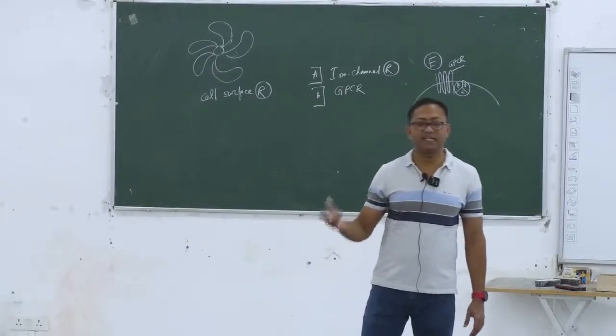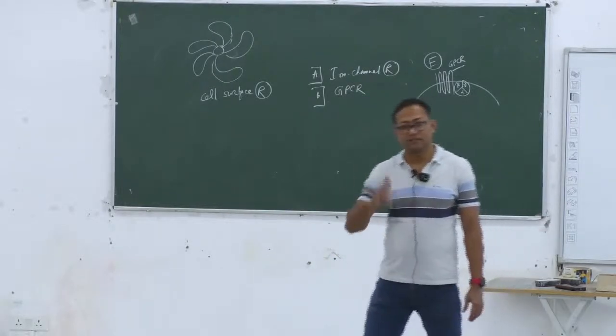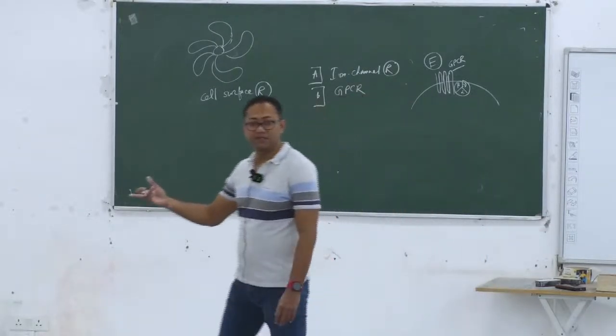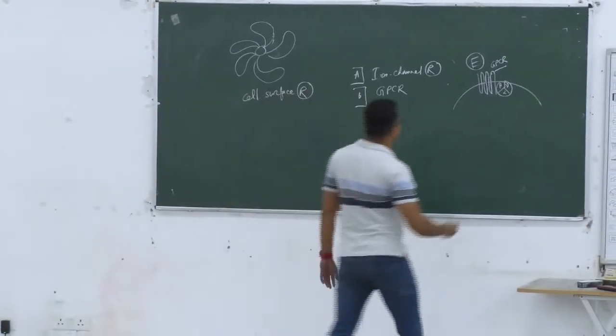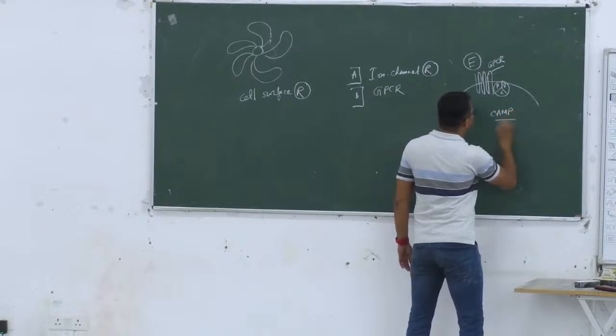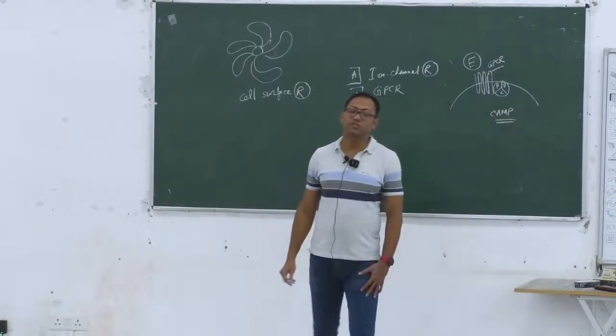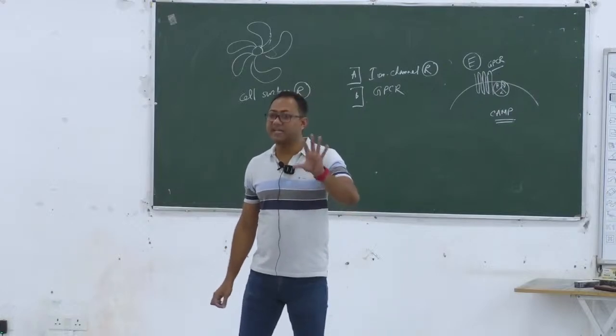Adenylyl cyclase. Then adenylyl cyclase will convert ATP to cyclic AMP. So there will be formation of cyclic AMP, and finally there will be activation of protein kinase A.